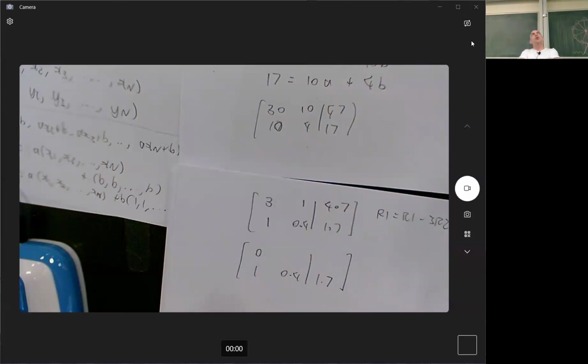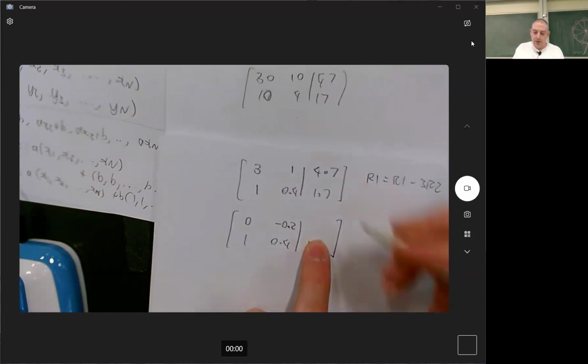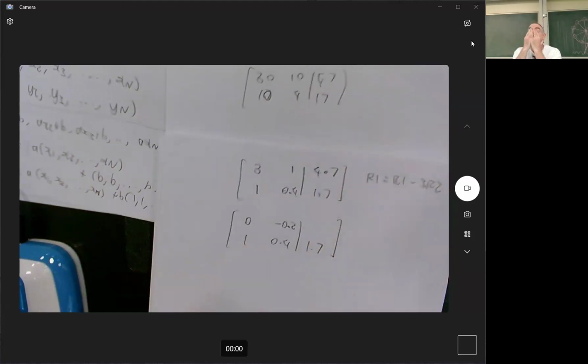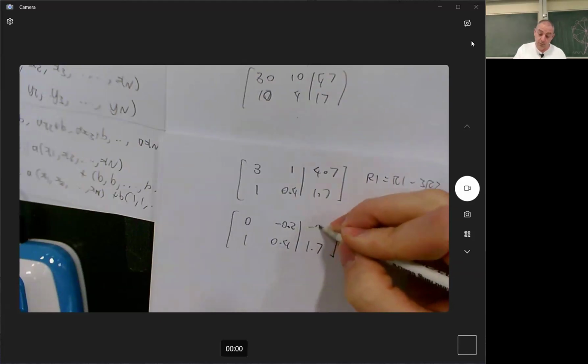So 3 lots of 0.4 is 1.2, so that'll be minus 0.2. And 3 lots of 1.7 would be 5.1. I should have known that, actually. And so we take off 5.1. So 4.7 to 5.1 is minus 0.4.